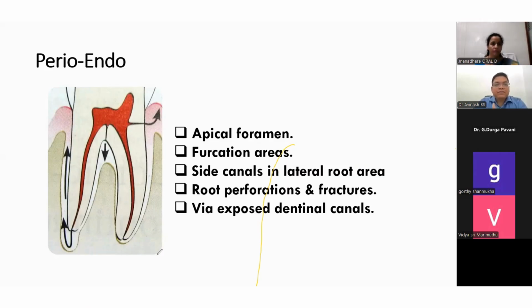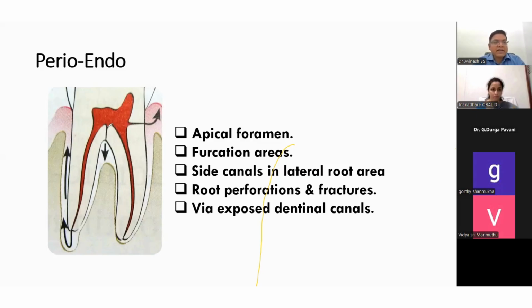Your periodontium surrounds the tooth, and there might be some communication between the endodontic, that is the pulp, as well as the periodontium. One is through the apex, as we see here. Whenever you have any endodontic lesion or periapical involvement, it can progress to the periodontium, that is the periodontal ligament region, and then cause periodontitis.